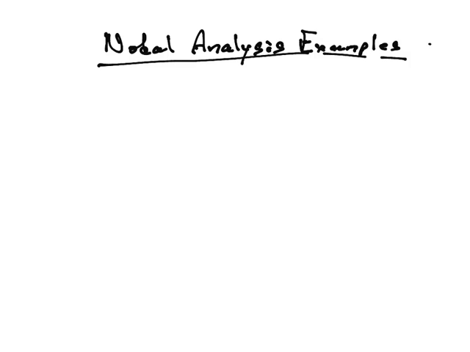Alrighty, so in this video we will be doing several examples of analyzing circuits using the nodal analysis technique. Last video we saw how to use this technique. Basically, you're given a circuit.